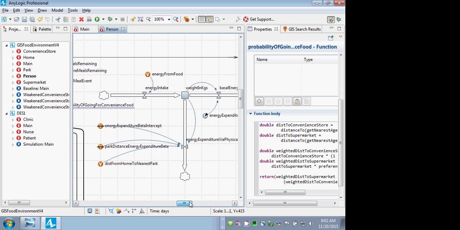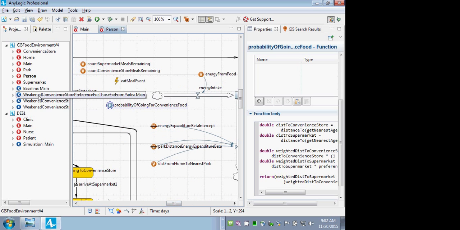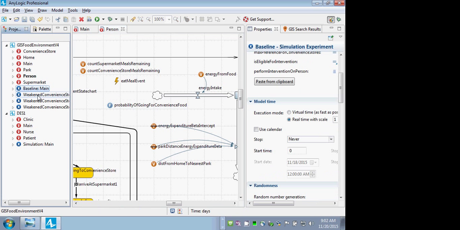Now, we looked at two ways that we could accomplish that. Way one, we simply changed parameters in a static fashion. So across the entire population, for example, we changed the level of preference for convenience store meals.